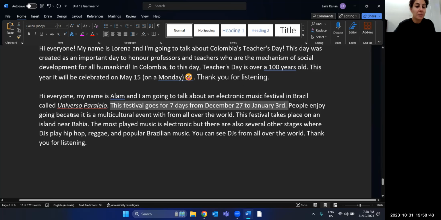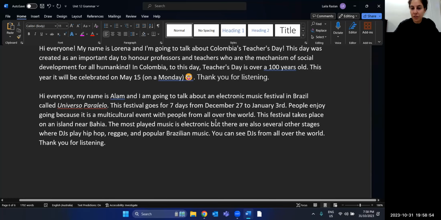People enjoy going because it is a multicultural event with people from all over the world. This festival takes place on an island near Bahia. So he told us exactly where the location is, what days, and then he says what happens.